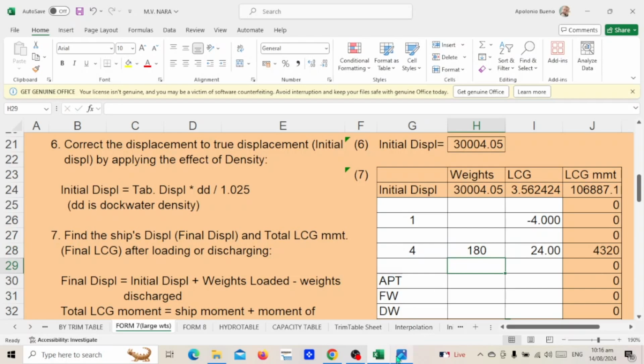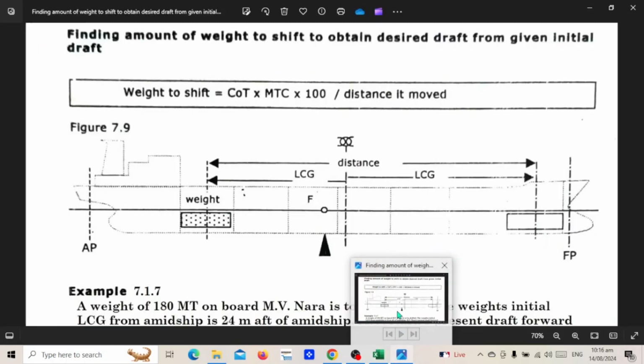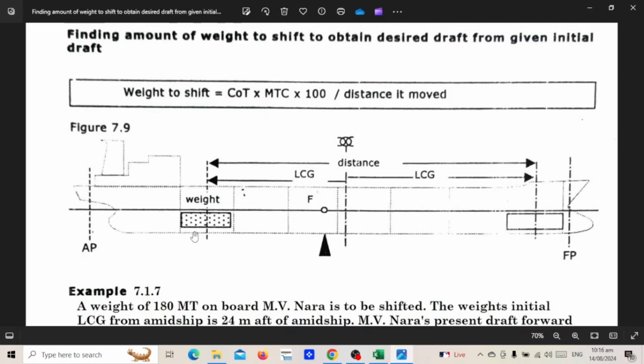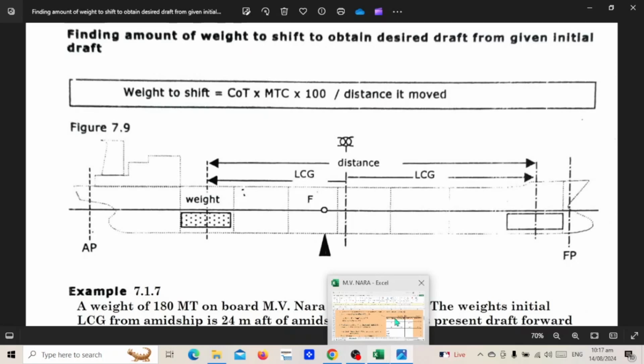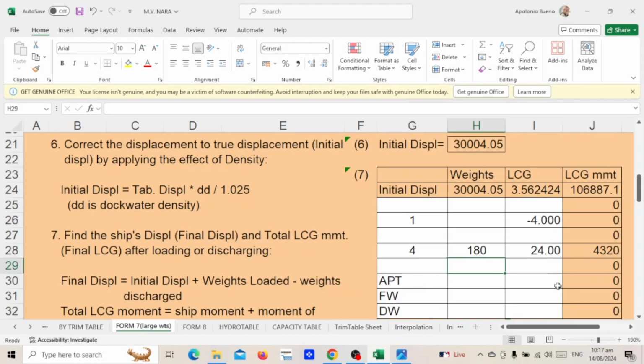So he is in this position. The 180 is somewhere around here. He is 24 meters aft of amidship, okay? So that's why your LCG is 24 positive, because you're aft of amidship.